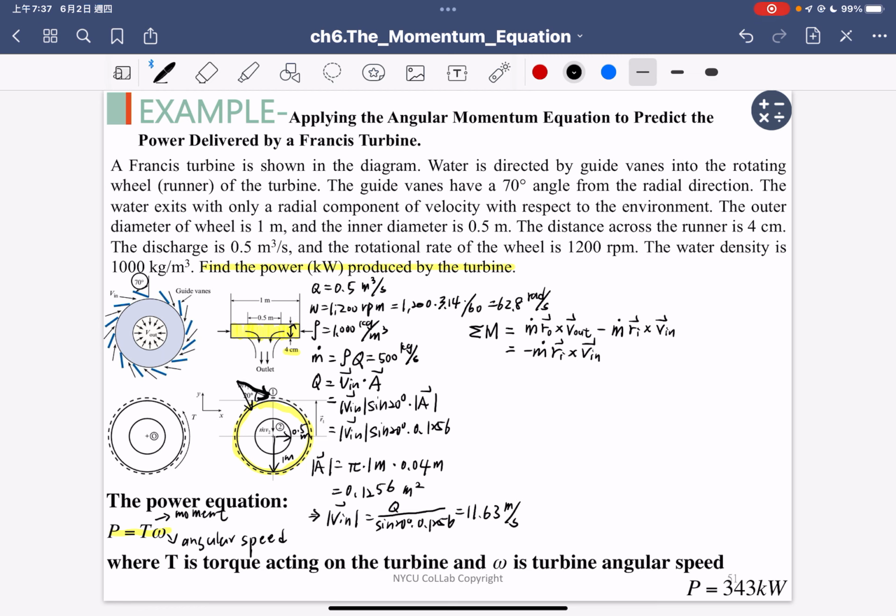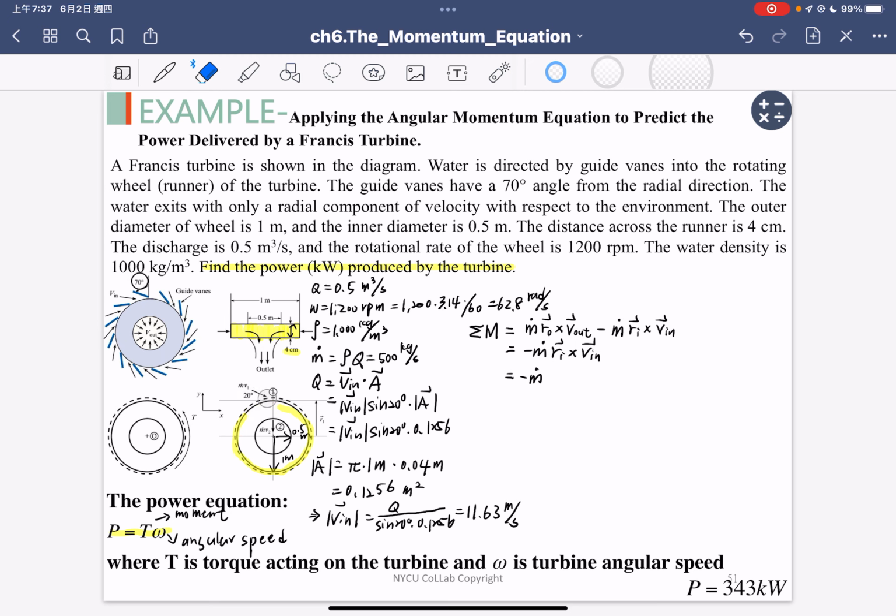Okay, so we can go back to see our formula here. We have the mass flow rate, and where is the R_i? We need to take into account the R_i cross product with the velocity in.